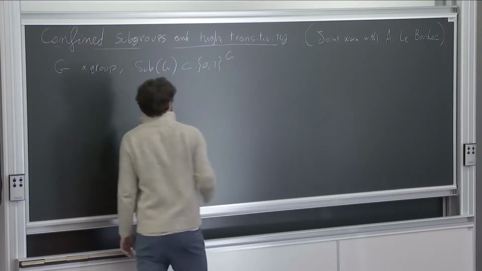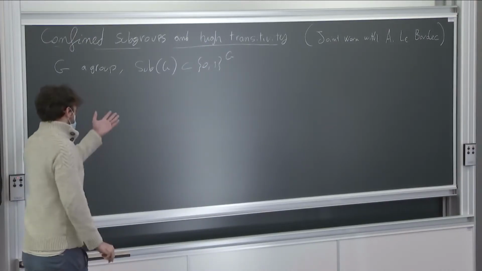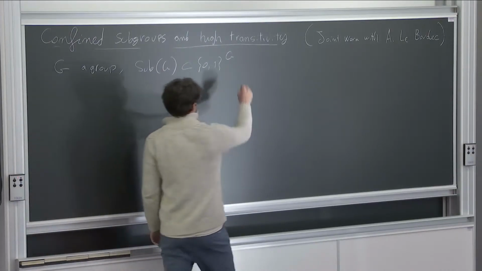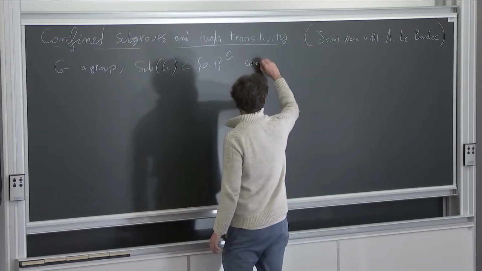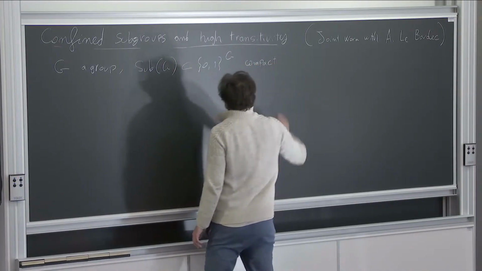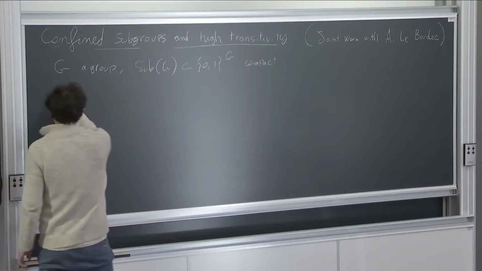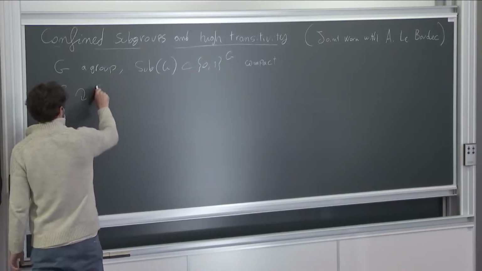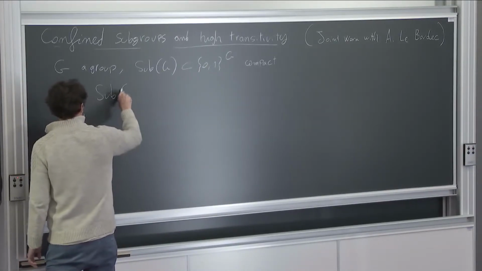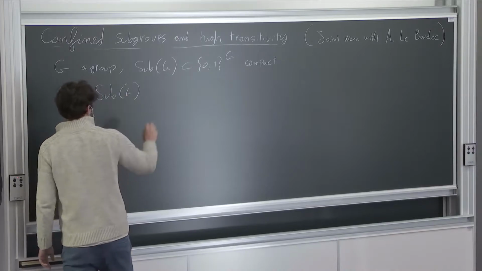You can see it as a subspace of the set of all subsets of G with the product topology, and it's compact. And G acts on Sub(G) by conjugation.